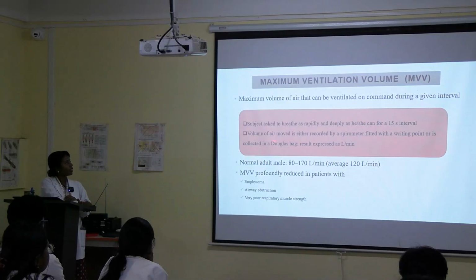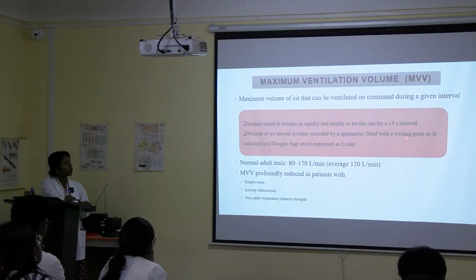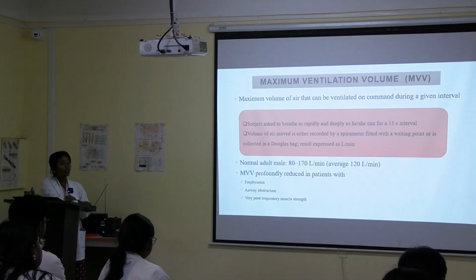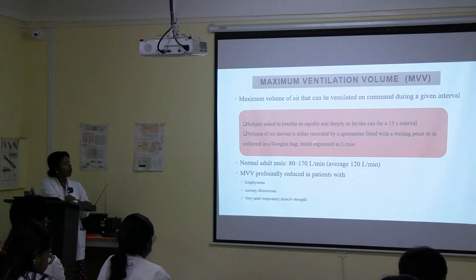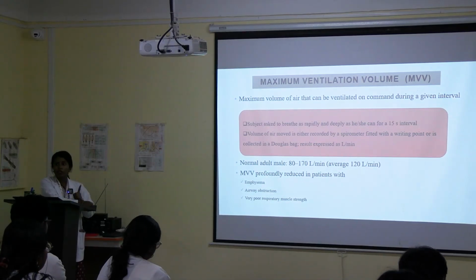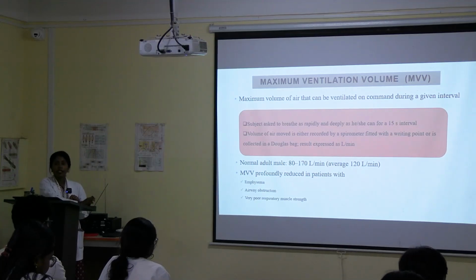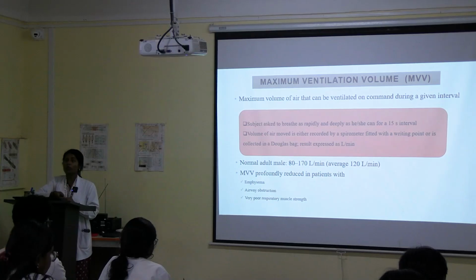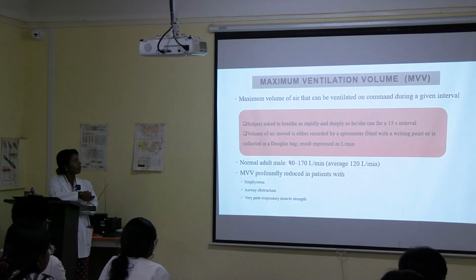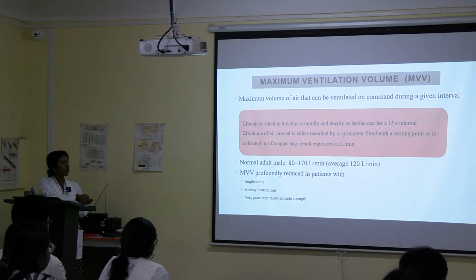After that the volume of air moved is either recorded by a spirometer with a writing point or collected in a Douglas bag. So it can be recorded. The Helios spirometer I have shown you, remember? There also you can record it. Normal adult male, it is around 82. After you have done for 15 seconds, you calculate for 1 minute. Then adult male is 80 to 170.